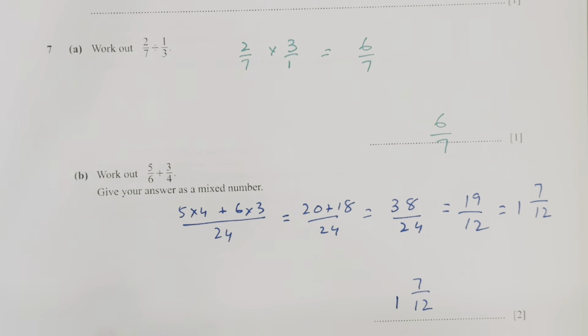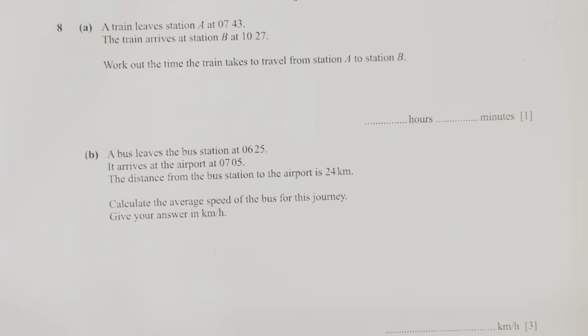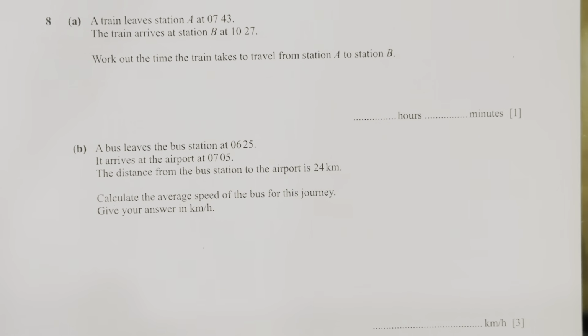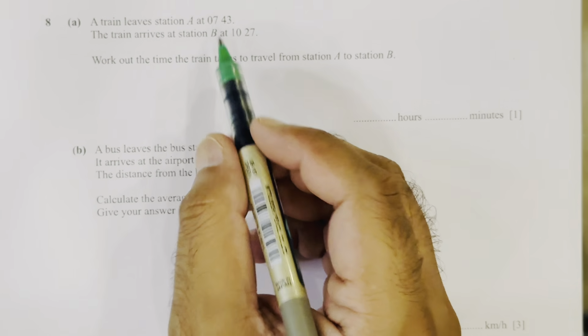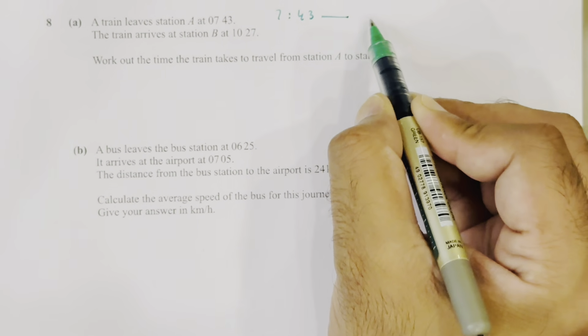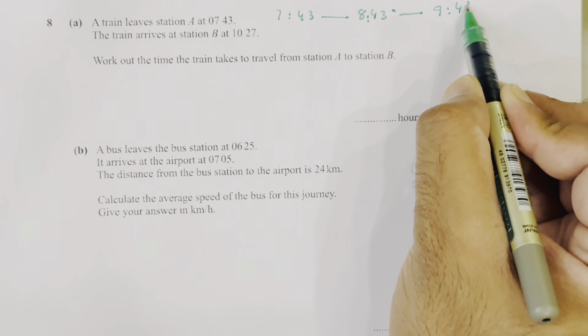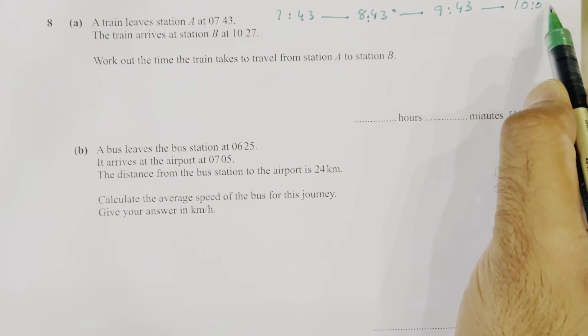Okay, moving to question number 8. Question number 8 is about speed and time. Okay, a train leaves station A at 7:43. The train arrives at station B at 10:27. Work out the time the train takes to travel from station A to station B. You can subtract these two times to get the answer, but there is a simple method as well. 7:43, then 8:43, then 9:43, then 10 o'clock.